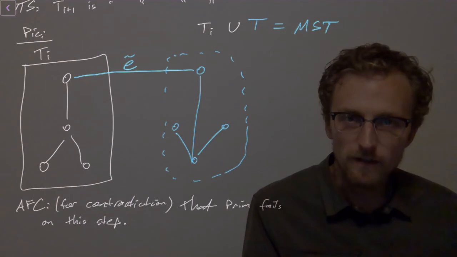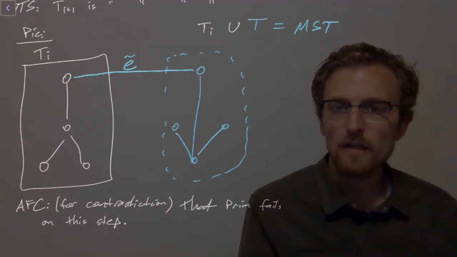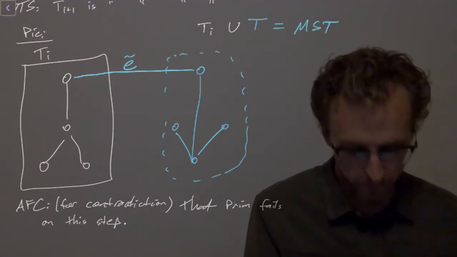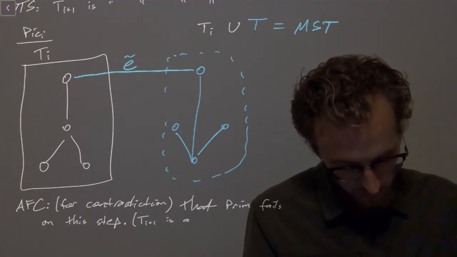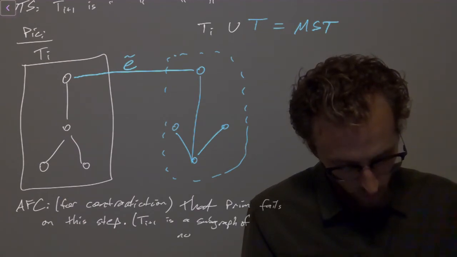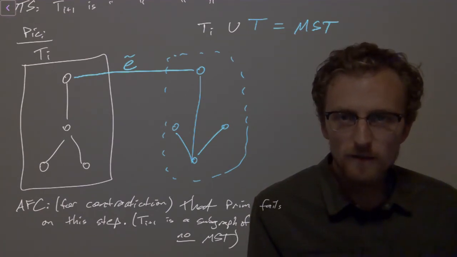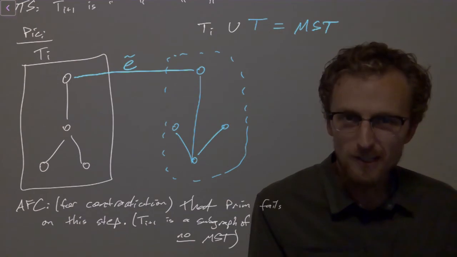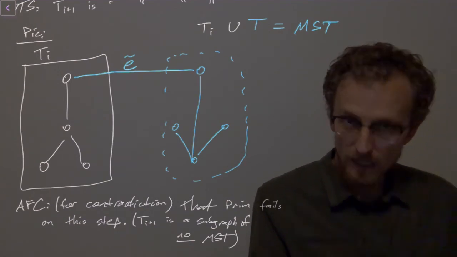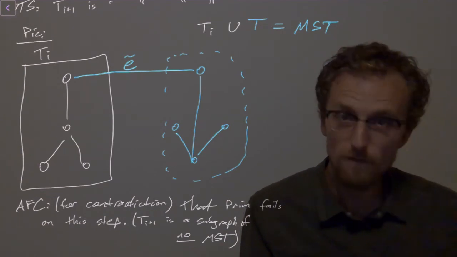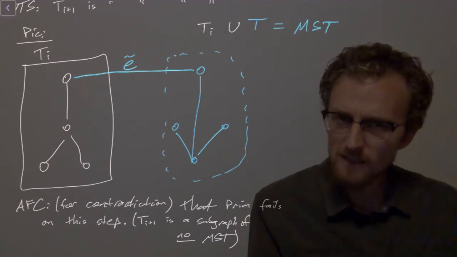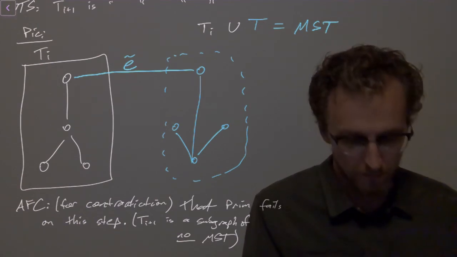That is, Ti plus 1 is a subgraph of no MST. Well, if it's a subgraph of no MST, then some edge other than E tilde has to be selected, right? If E tilde were selected, then that would be a subgraph of this blue MST, right? So that means some edge other than E tilde has to be selected.